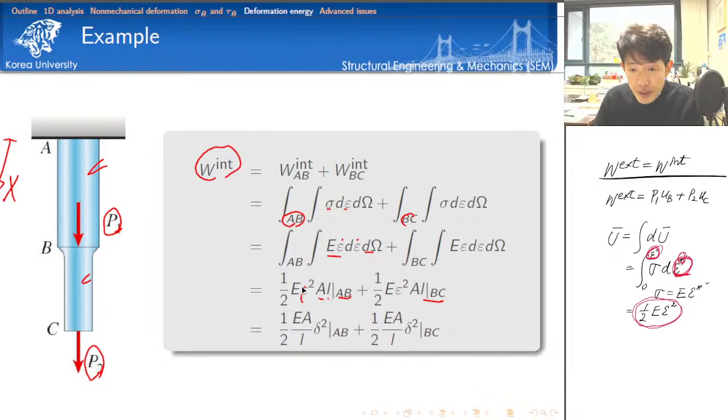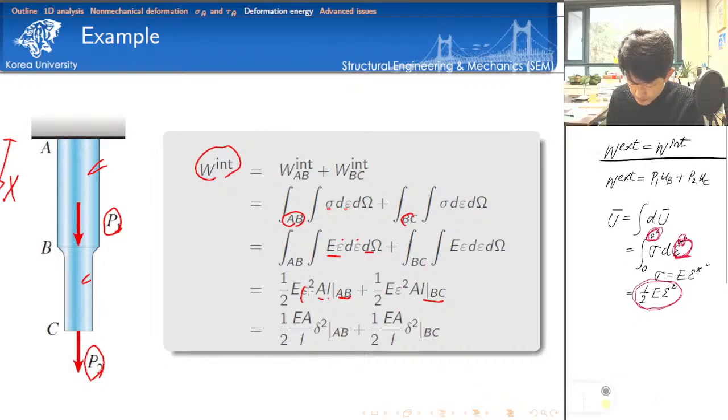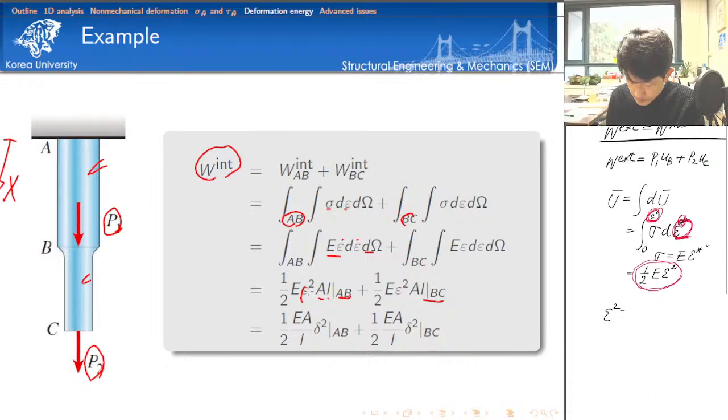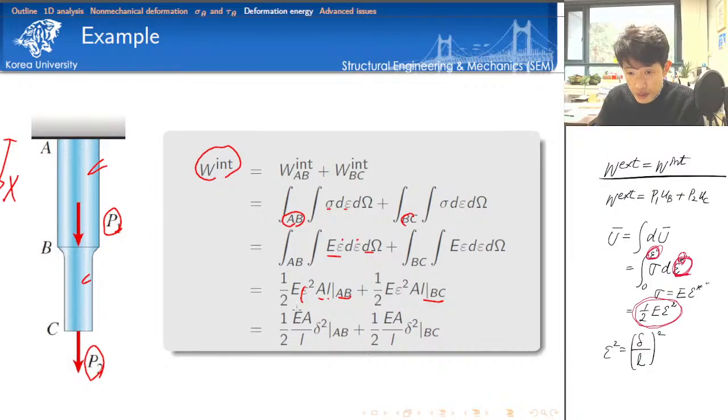And then here the strain square is elongation divided by the length, isn't it? So this is squared. Let's plug that information in here, then we can obtain this expression.